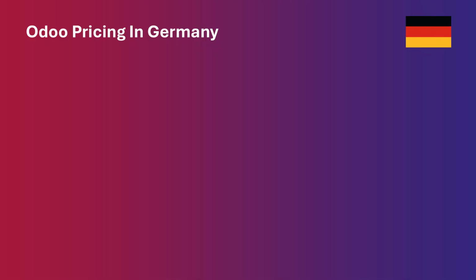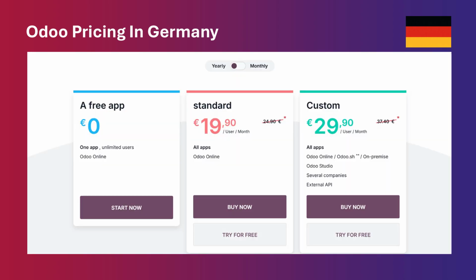Just for reference, let me also show you the difference in Odoo pricing worldwide. Let's say out there in Germany, Odoo pricing is as shown here on the screen right now. So the yearly standard plan would cost you around 19 euros, which is 1894 rupees per user, as compared to 580 rupees per user here in India.